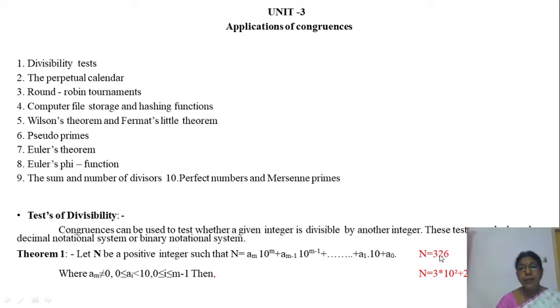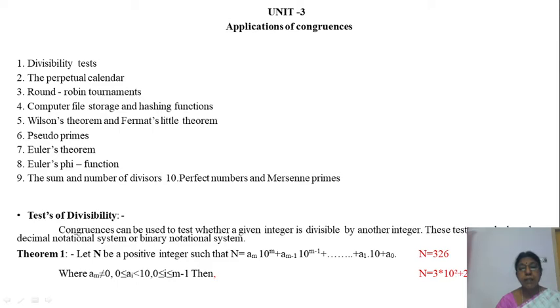We read it as 26, 20 means 2 into 10. Next, 326 means 3 into 100, which means 3 into 10 square, plus 2 into 10, plus 6. So it can be written as 326 equals 3 into 10 square plus 2 into 10 plus 6.